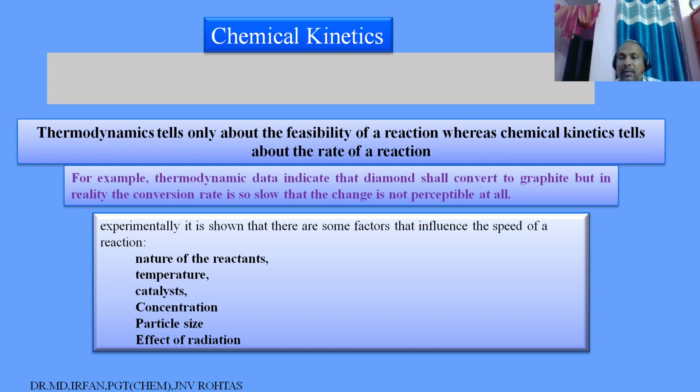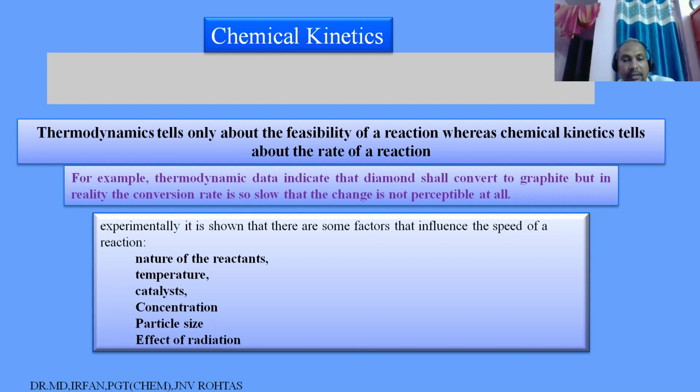It is chemical kinetics which tells about the rate of the reaction. For example, thermodynamics data indicates that diamond should convert to graphite, but in reality the conversion rate is so slow that the change is not observable at all.